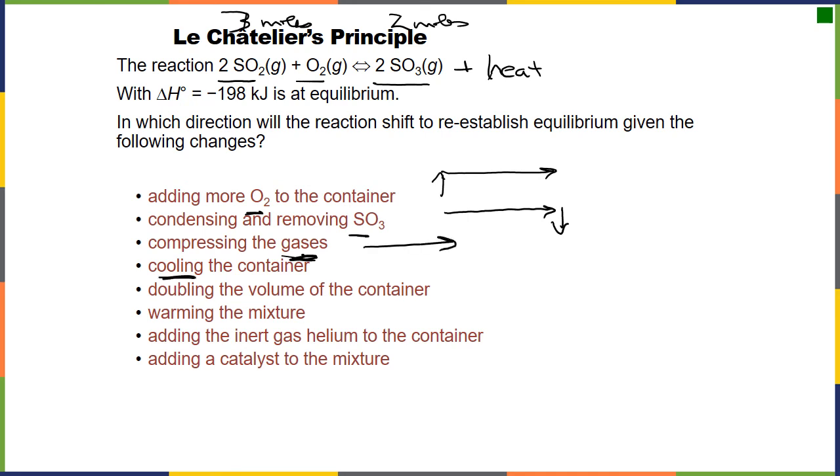If I decrease the temperature, it's going to shift towards the products. If I double the volume, it shifts to the side with more moles, which is towards reactants. If I warm the mixture and my temperature goes up, it's going to shift away and make more reactants.